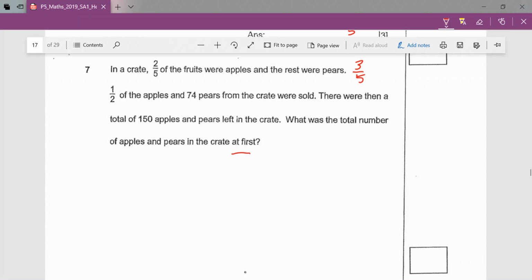Okay, so apples, let's use the ratio method that more of you are familiar with. Apple is 2 is to pear is 3. This is in the beginning, at first.